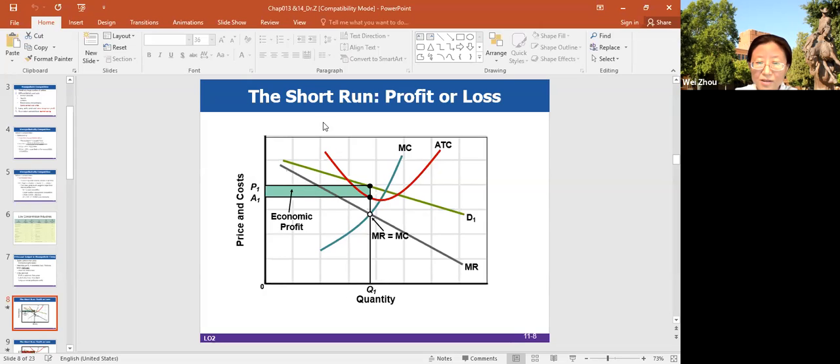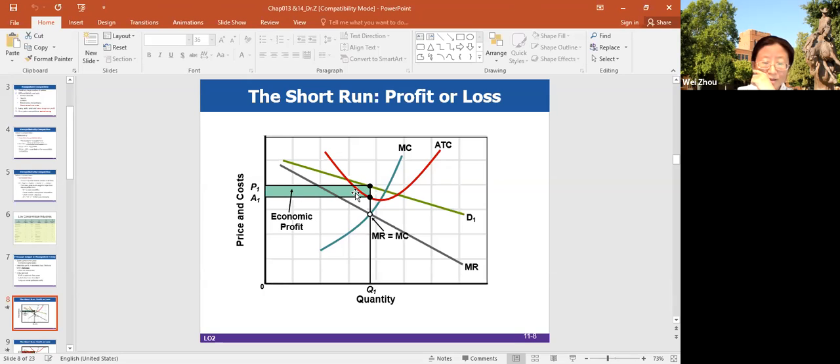Where is your cost? You draw average total cost. At this level of output, this is your cost. The difference between the revenue and the cost, this greenish shaded area, will be the profit. If you take a look, this is the price minus average total cost, the profit per unit, times how many units you sell, Q. That will be total economic profit.